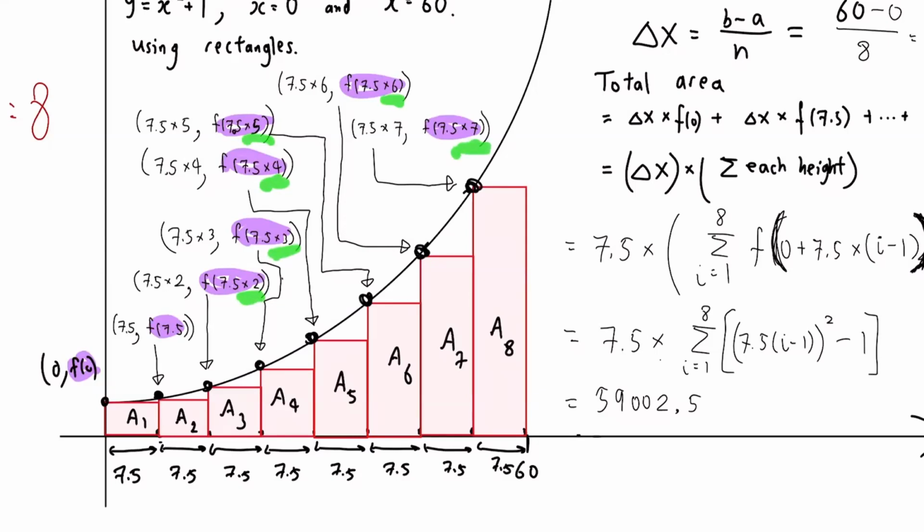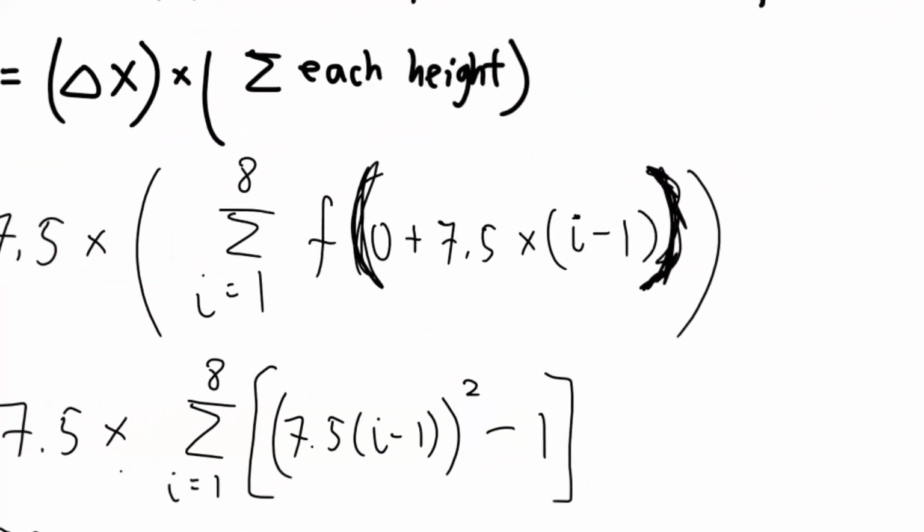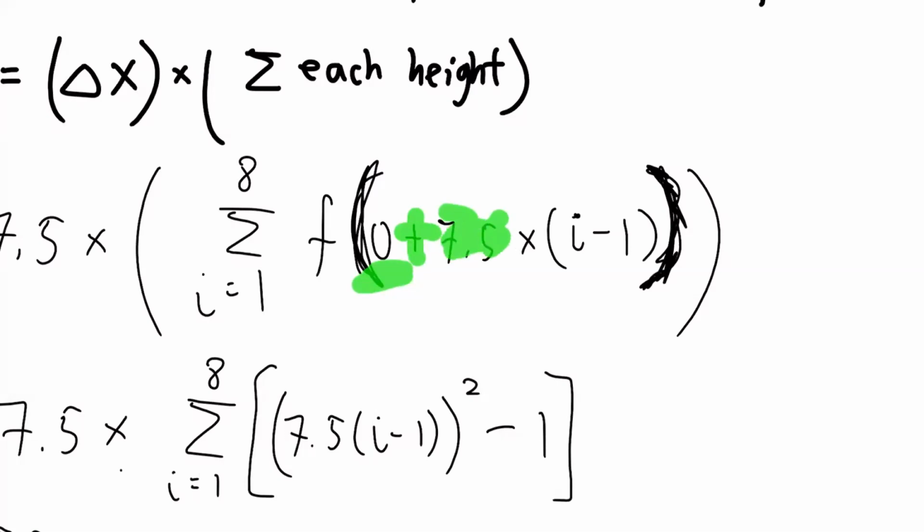Yeah. There's a factor of 7.5 in front that doesn't change, and the f bracket also doesn't change, right? So two things don't change, the f bracket and the 7.5. So that's why I have over here f and a 7.5. But I must start with the original value 0. Then I add on 7.5 times i minus 1.